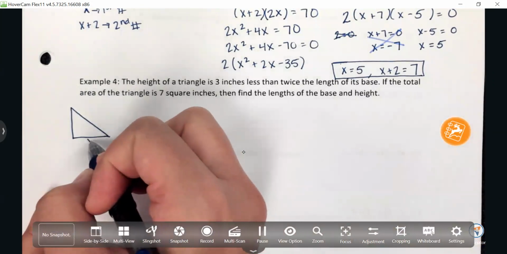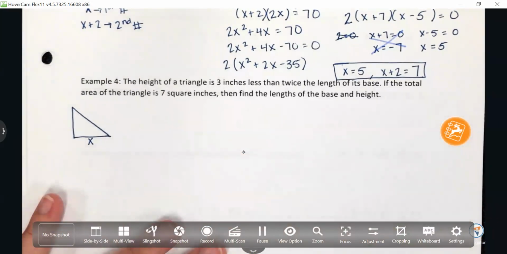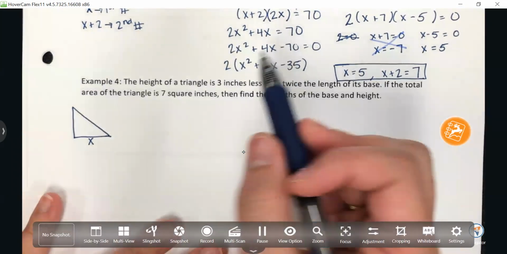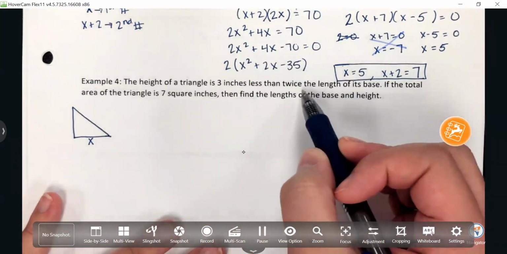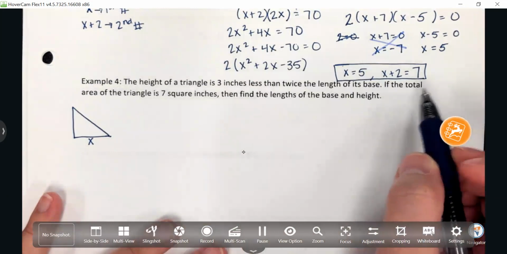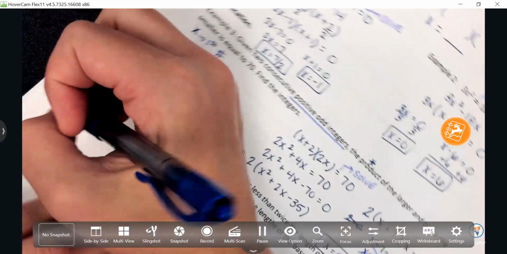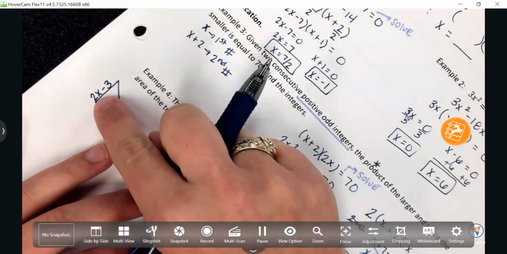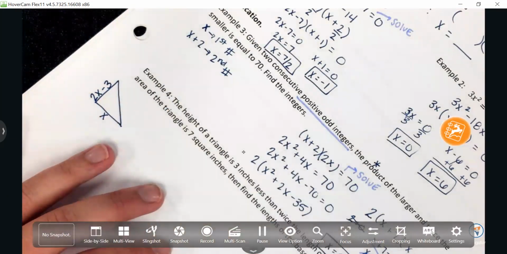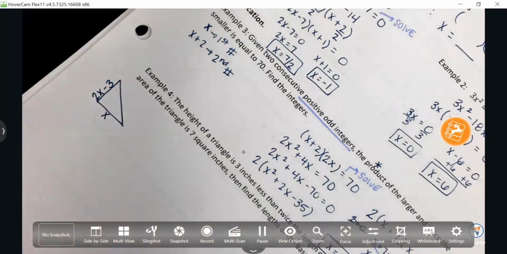So my base is going to be x. So how do I write 3 less than twice the base? So this height will be 2x minus 3, twice the base and 3 less than.